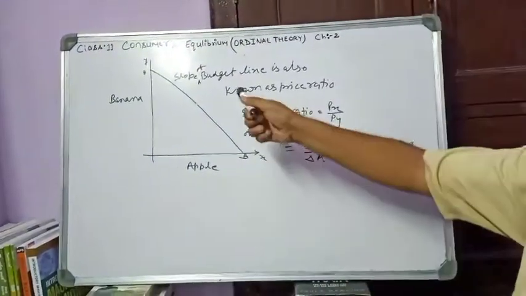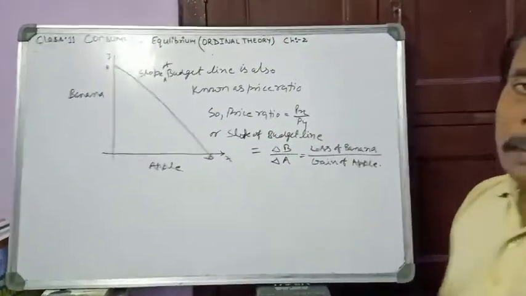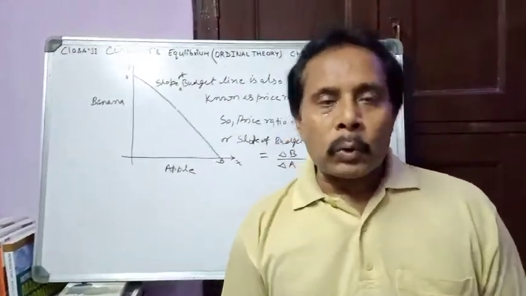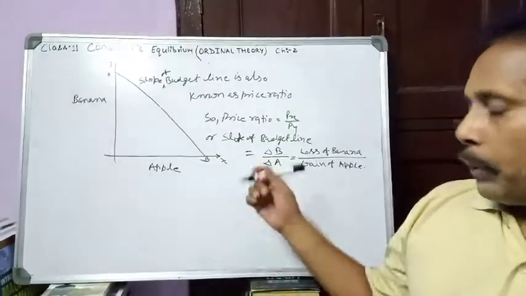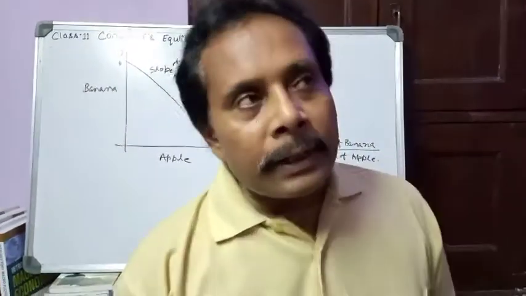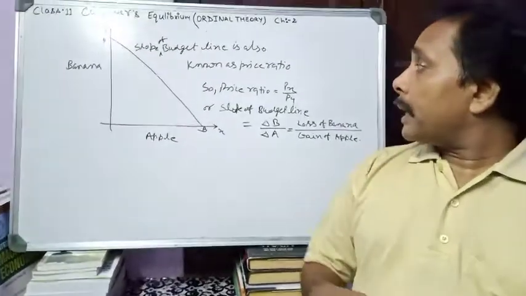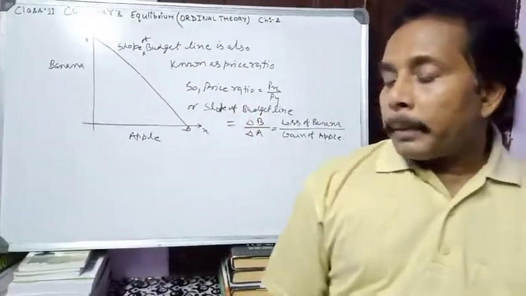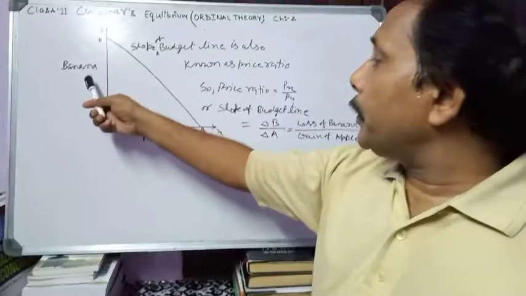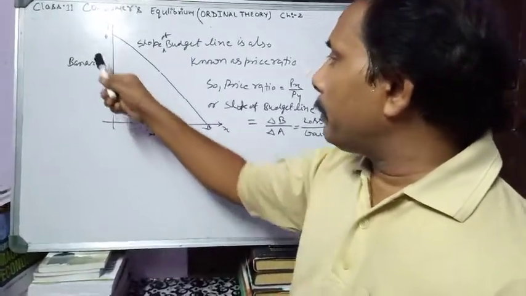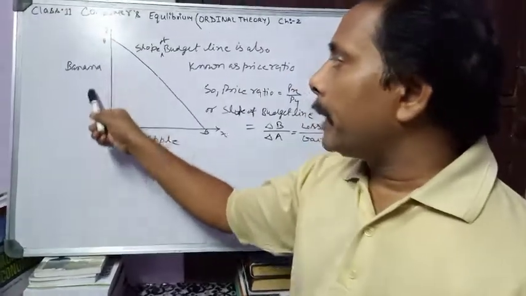So here one thing you should always remember in your mind, the slope of budget line is also known as price ratio. But here is a question: why is the slope of budget line known as price ratio? Because when we want to increase the number of apples, we will have to sacrifice banana.